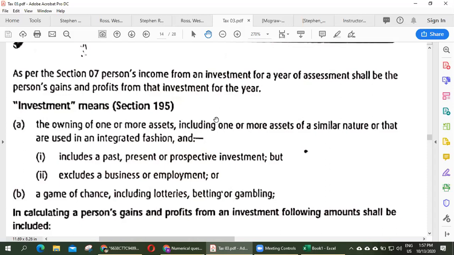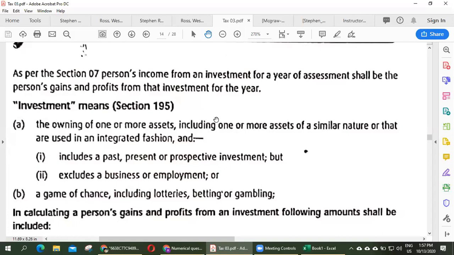Some people put money in a fixed deposit in the bank, and every month or every year they get interest as income. Some people put their money in the share market by investing in shares, and through that they get dividend income, right?